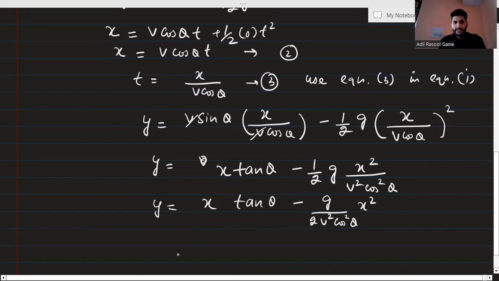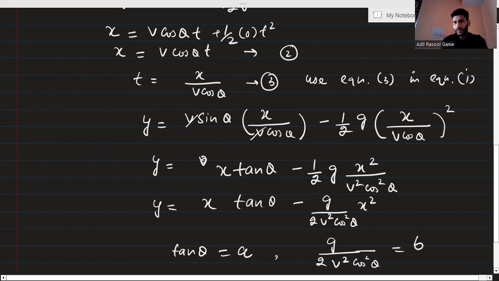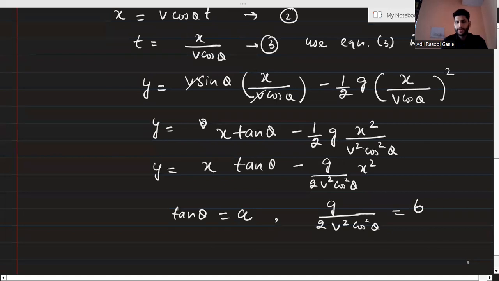So here, tan theta is a constant term. If I know the angle, let us suppose that tan theta is A. Similarly, g is constant, 2 is constant, v is the initial velocity which will be constant, and similarly cos theta, we will keep this as B because both are constants.